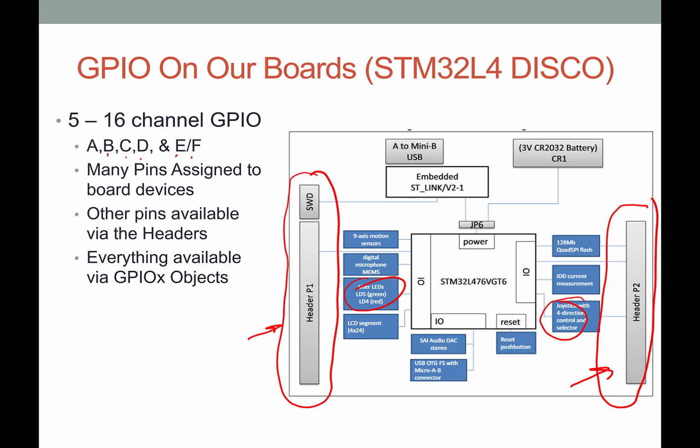Some of those ports are attached to here and other spots as well, but you don't have all of the ports accessible via the headers. But you do have access to the code, or from code, to all the GPIO ports through software. You just may not be able to access the port unless you go hook up to the pin on the controller itself.